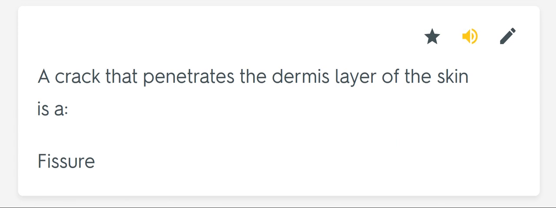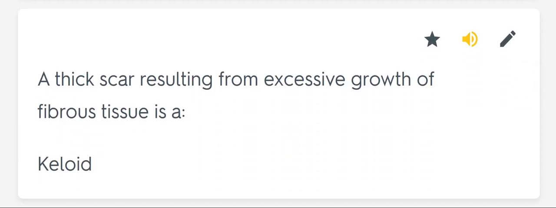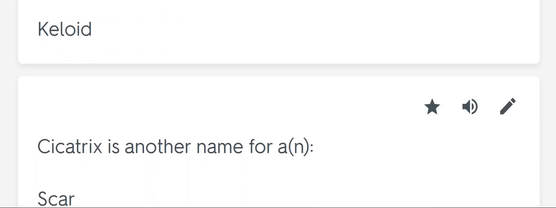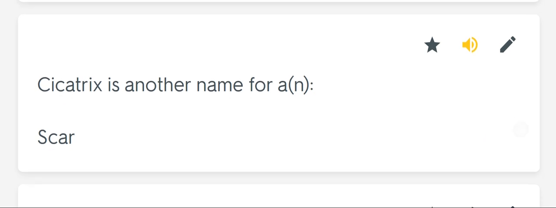A crack that penetrates the dermis layer of the skin is a fissure. A thick scar resulting from excessive growth of fibrous tissue is a keloid. Cicatrix is another name for a scar.